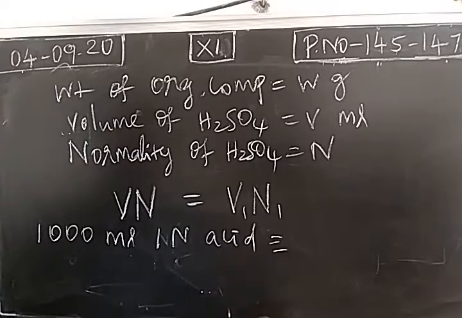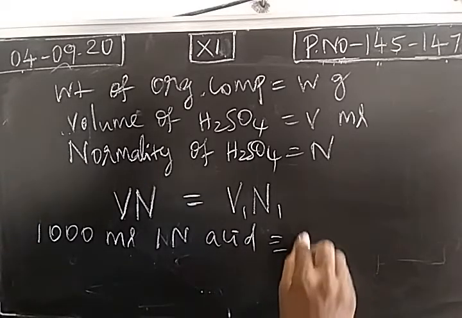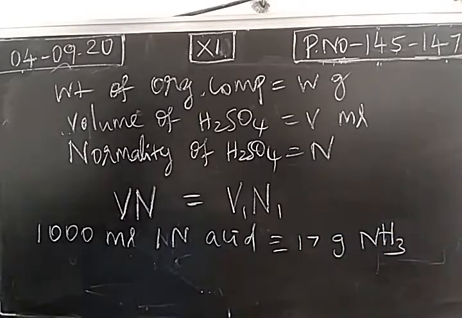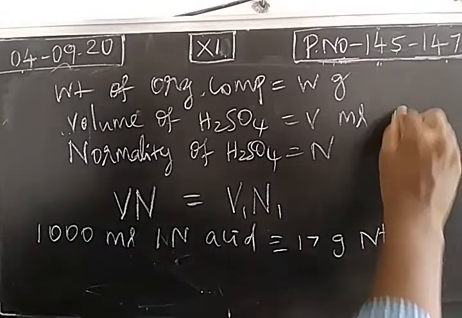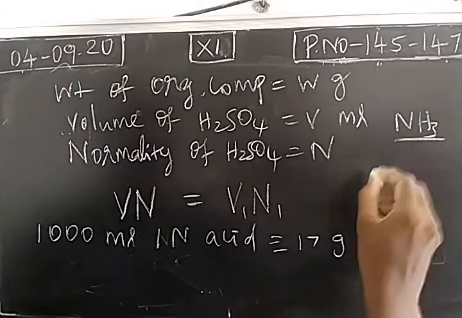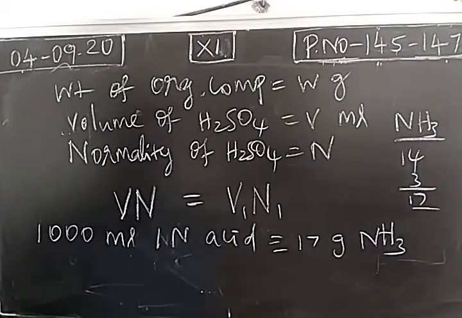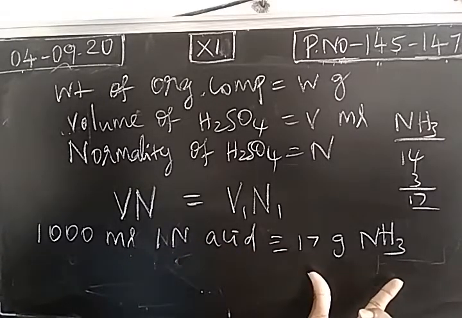So which is nothing but 17 gram ammonia. What is the molecular mass of ammonia? 17 gram. Nitrogen 14, 3 hydrogen 3. So molecular mass of ammonia 17. Okay. So when we take this much acid, it is consumed by this much ammonia.